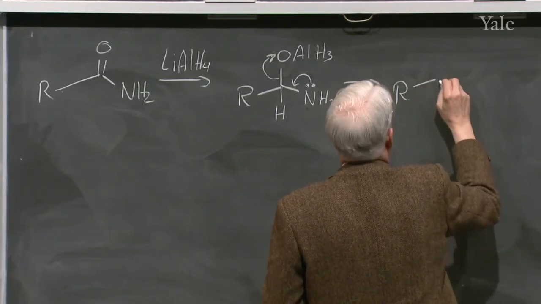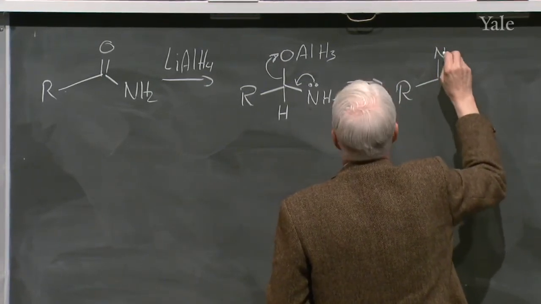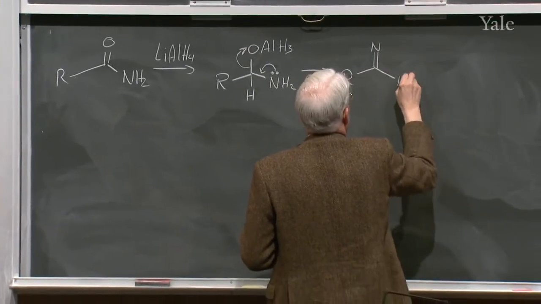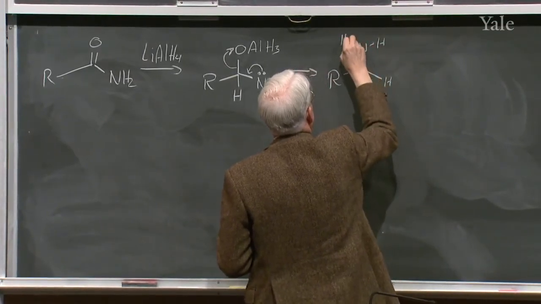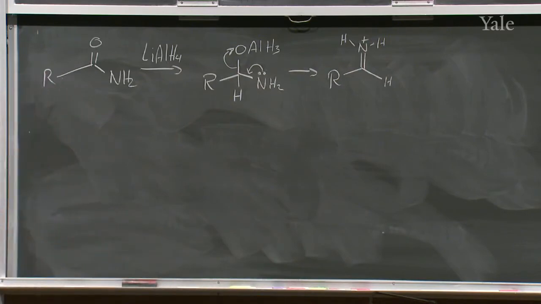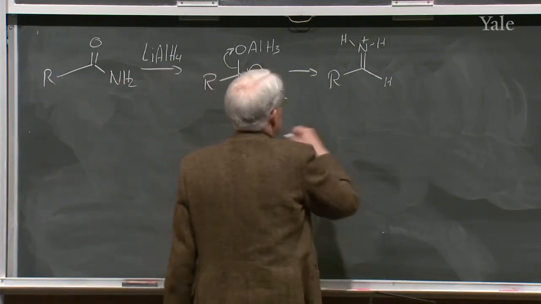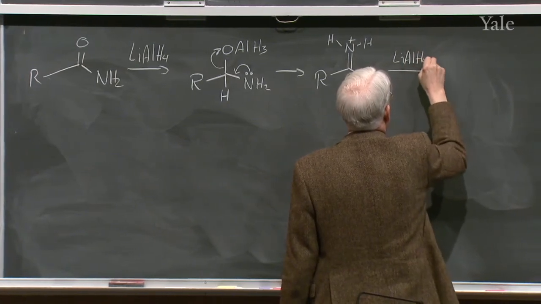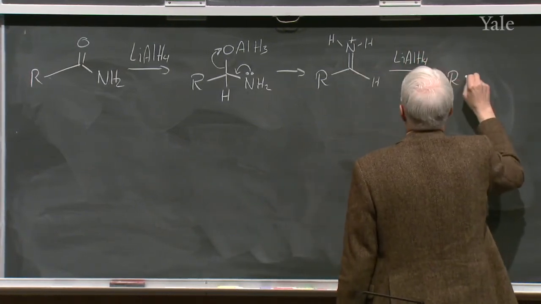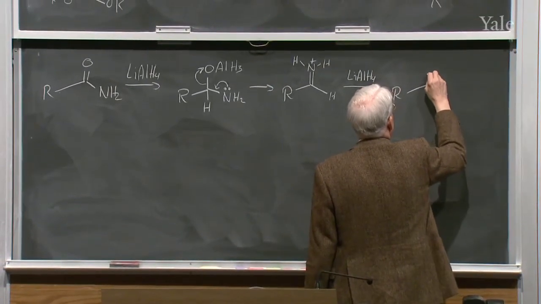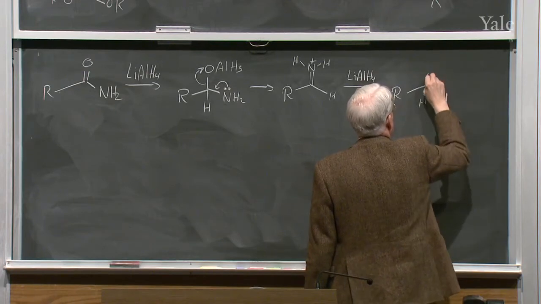It's still there as N double bond now, H, and 2 H's on there, right? But now that's rather like a carbonyl group, right? So the H minus, the lithium aluminum hydride, can get in the act again. And the product from lithium aluminum hydride reduction of an imide is an amine.